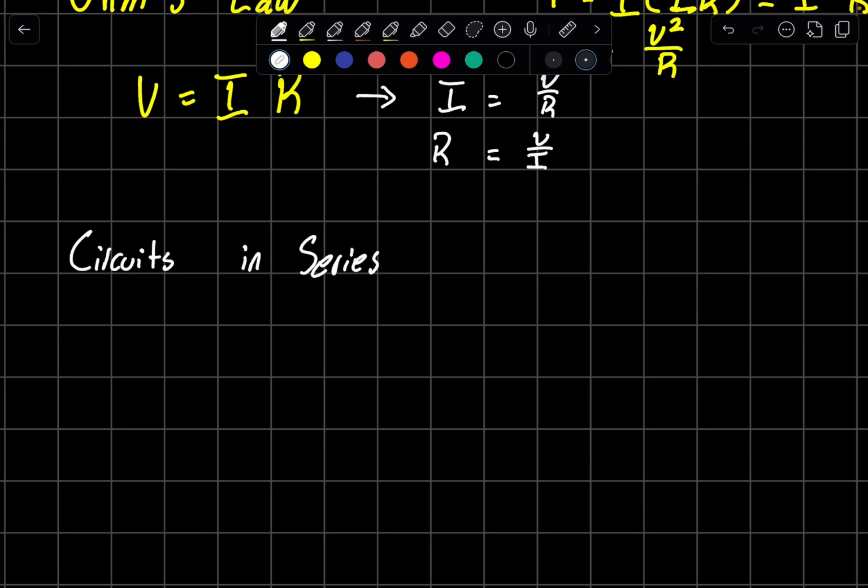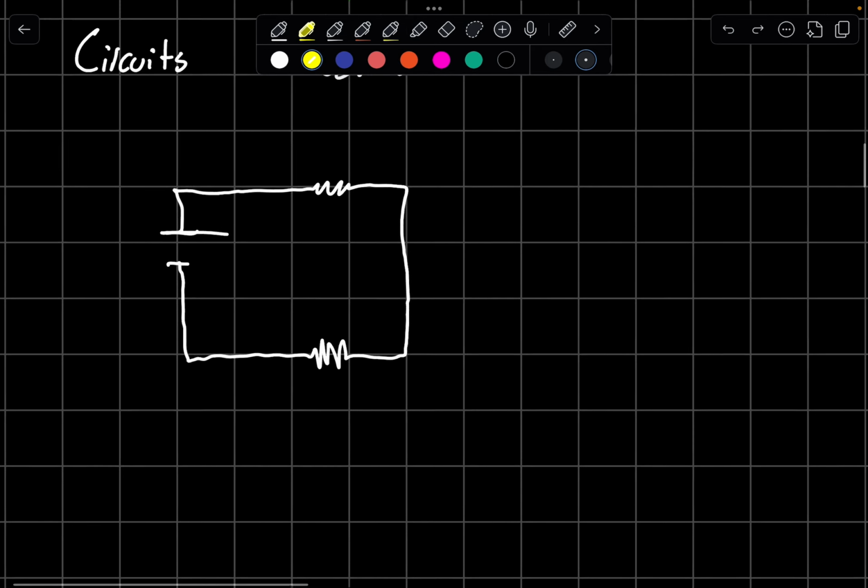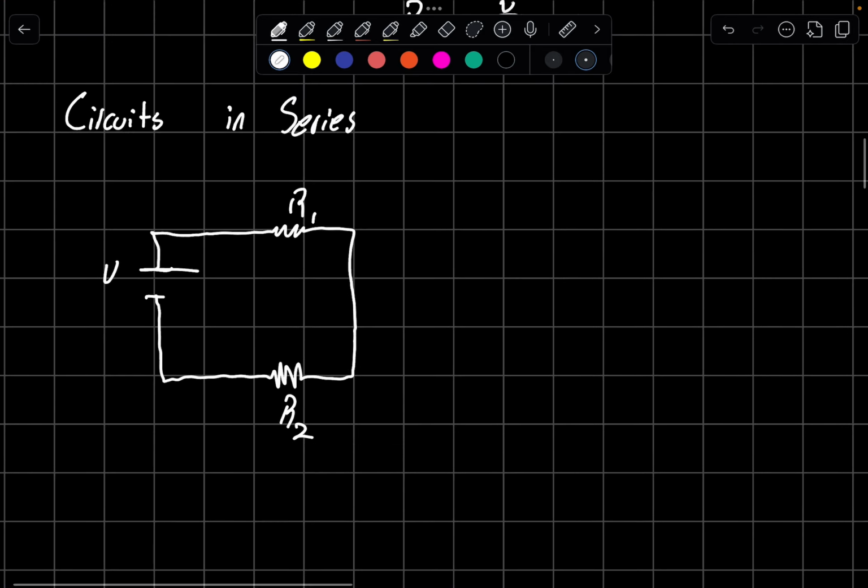Let's do another resistance. This is in series because the current can only go this way. There's no other path that it can go through. So that's how you distinguish if it's in series or in parallel.